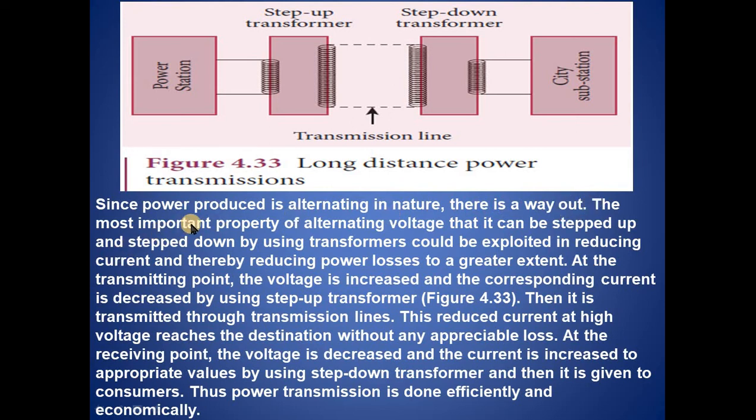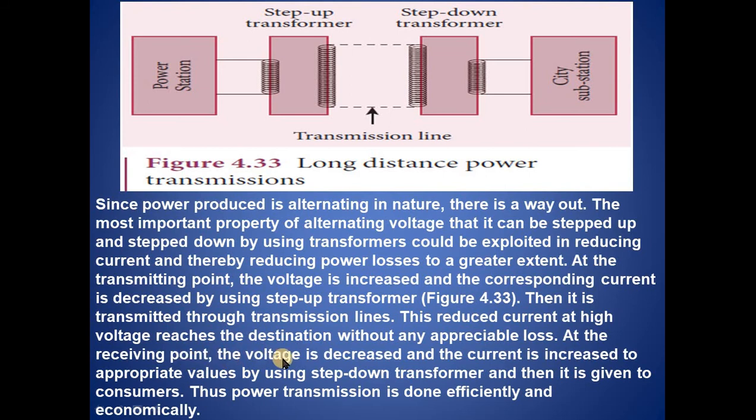The most important property of alternating voltage, that it can be stepped up and stepped down by using transformers, can be exploited in reducing current and thereby reducing power losses to a greater extent. At the transmitting point, the voltage is increased and the corresponding current is decreased by using a step up transformer. Then it is transmitted through the transmission lines. This reduced current at high voltage reaches the destination without any appreciable loss.